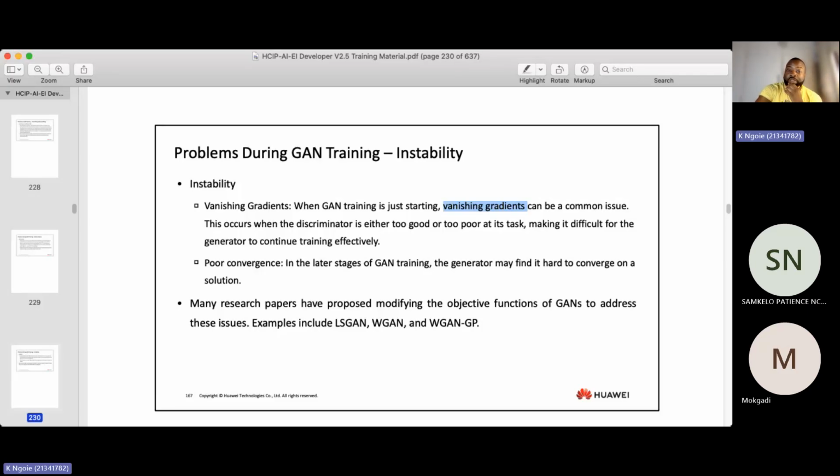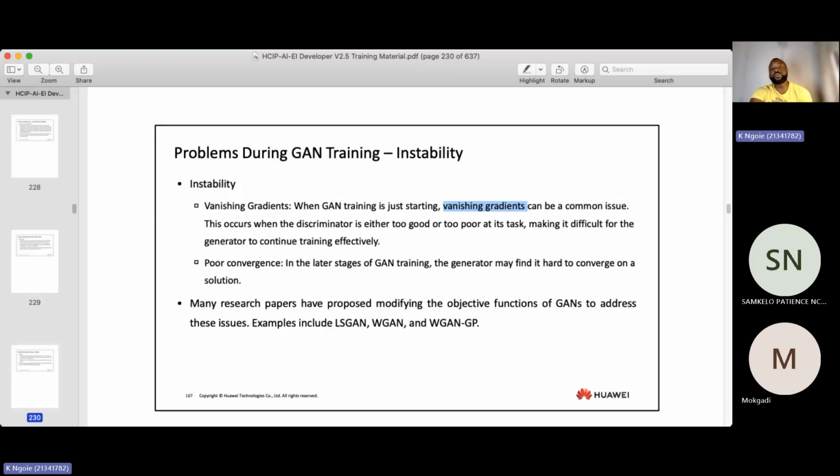A vanishing gradient occurs when the discriminator becomes too good at distinguishing real and fake samples too early in the training. We were supposed to be training for a long time, but too early in the training, the discriminator becomes too good. So that creates a vanishing gradient problem.